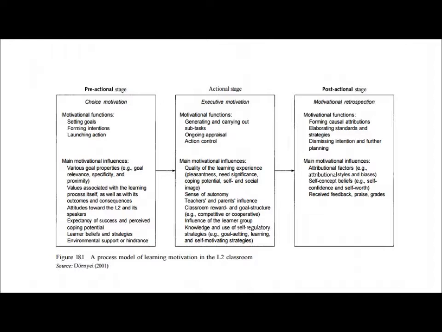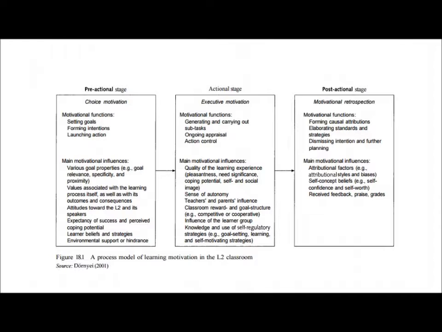The main motivational influences are various goal properties, values associated with the learning process itself, as well as with its outcomes and consequences, attitudes toward the L2 and its speakers, expectancy of success and perceived coping potential, learning beliefs and strategies, and finally the environmental support or hindrance.